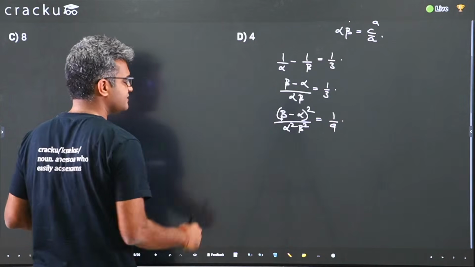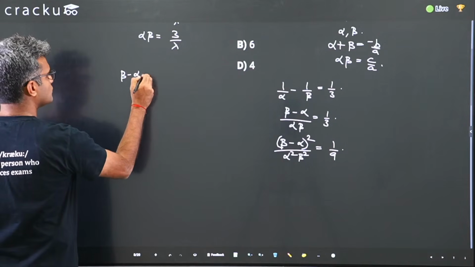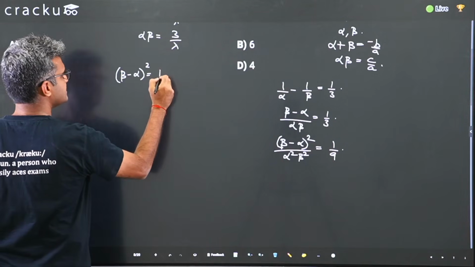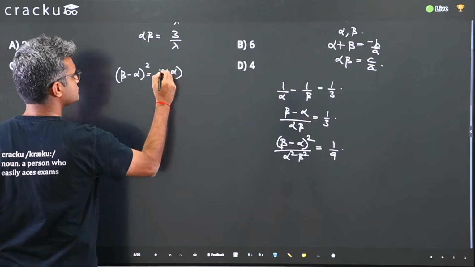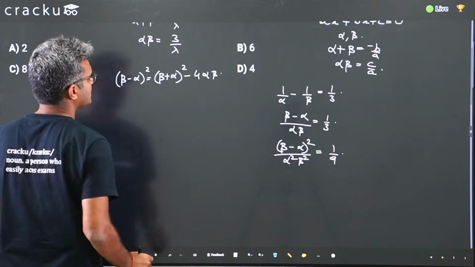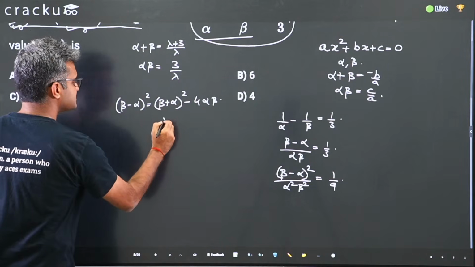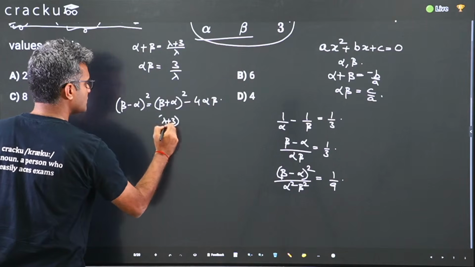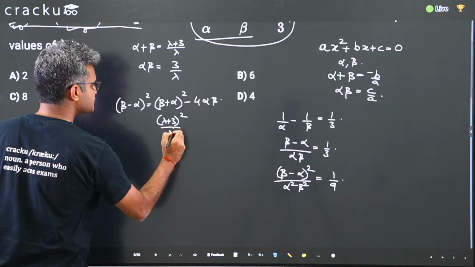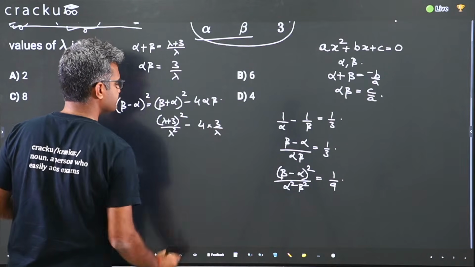But you can calculate the value of (beta minus alpha) whole square. Beta minus alpha whole square is equal to (beta plus alpha) whole square minus 4 alpha beta. And what is (alpha plus beta) whole square? This is (lambda plus 3) whole square divided by lambda square, minus 4 times 3 by lambda.